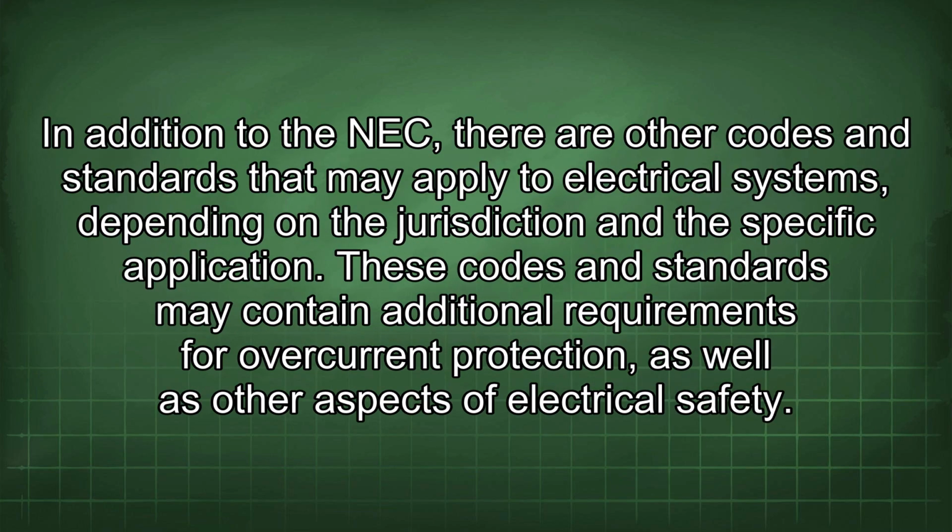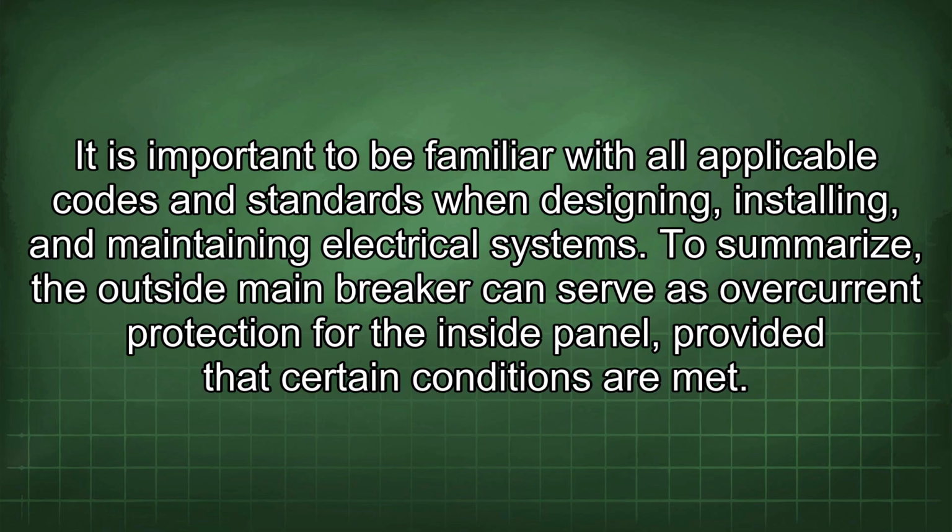In addition to the NEC, there are other codes and standards that may apply to electrical systems depending on the jurisdiction and the specific application. These codes and standards may contain additional requirements for overcurrent protection, as well as other aspects of electrical safety. It is important to be familiar with all applicable codes and standards when designing, installing, and maintaining electrical systems.